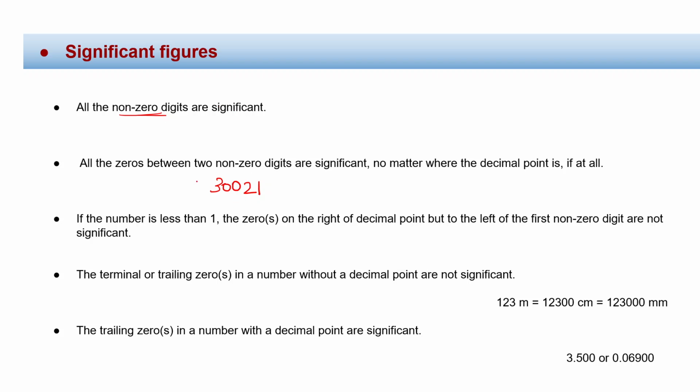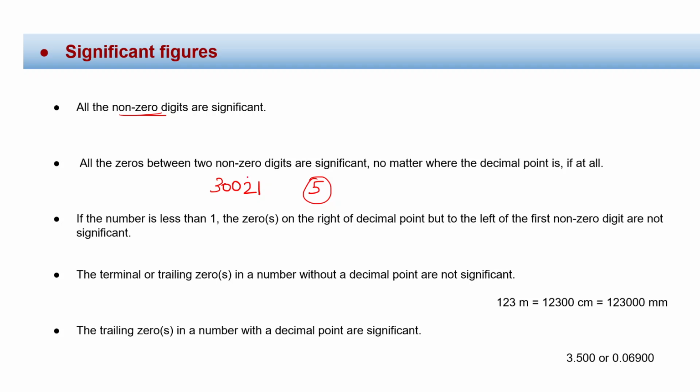But if zeros are coming in between non-zero digits, then even they are significant. If this is some measured value, then the number of significant figures will be 1, 2, 3, 4, 5. So here 5 significant figures are there.